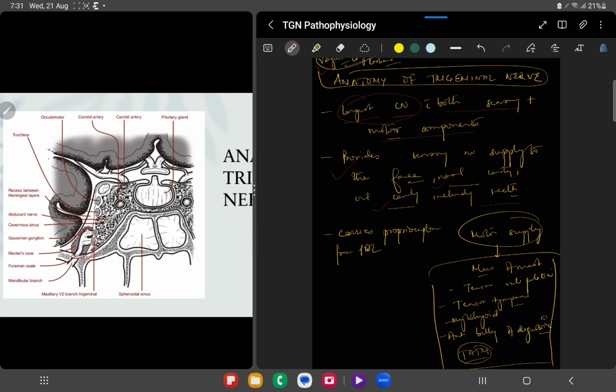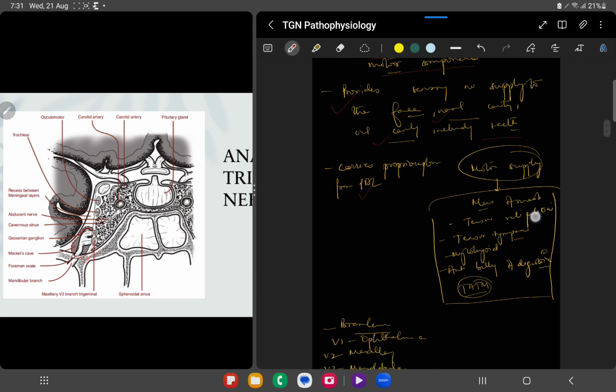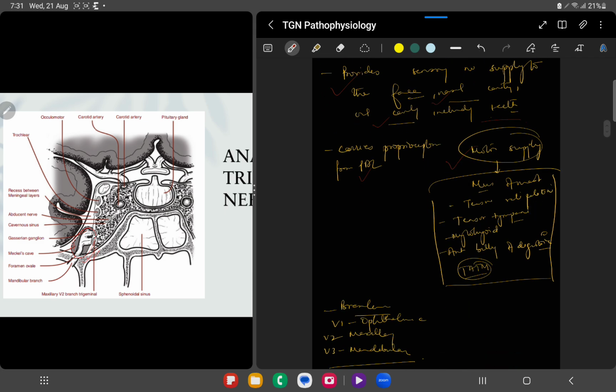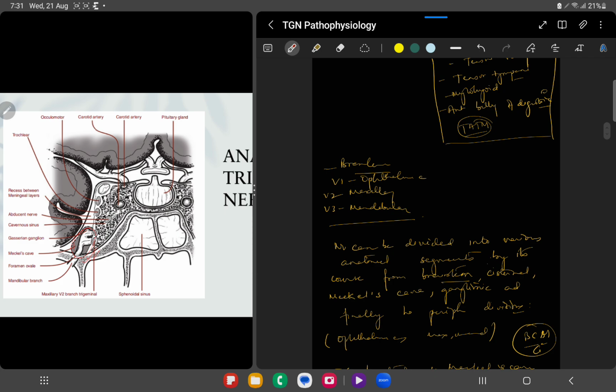It gives proprioception to the periodontal ligament fibers. However, the motor supply is given to the tensor veli palatini, tensor tympani, anterior belly of digastric, and muscles of mastication. Coming to the branches, we have first the ophthalmic, the maxillary and mandibular.